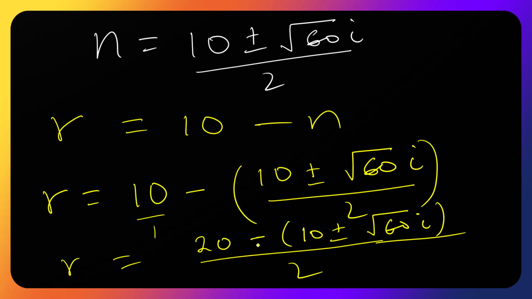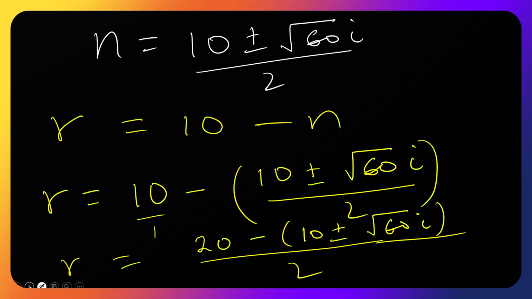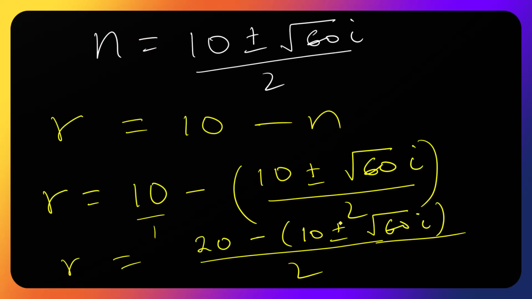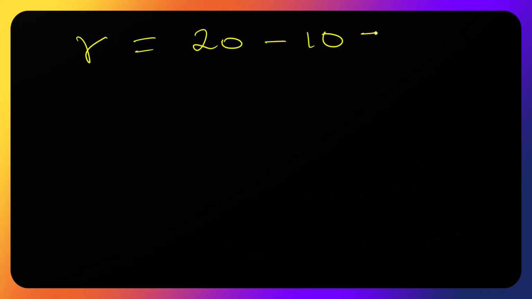Okay, so let's expand the bracket. That will be the final answer. R equals 20 minus 10, remember this side is plus or minus because of this, so that will be minus or plus the square root of 60 i on 2.